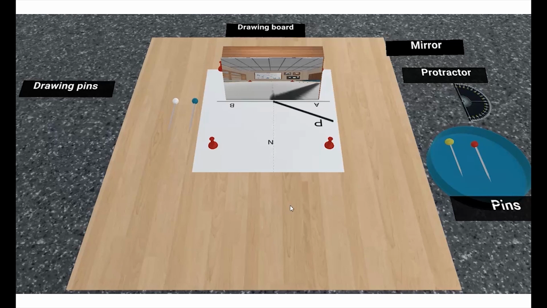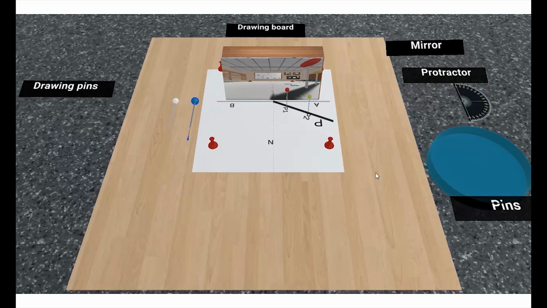Fix two pins P1 and P2 vertically at 2 points on the line PO separated by a distance of about 5 to 6 centimeters. Drag and drop the pins. The image of P1 is P1' and the image of P2 is P2'.